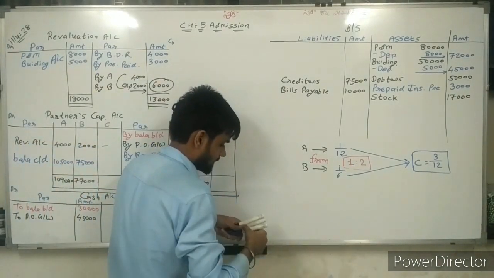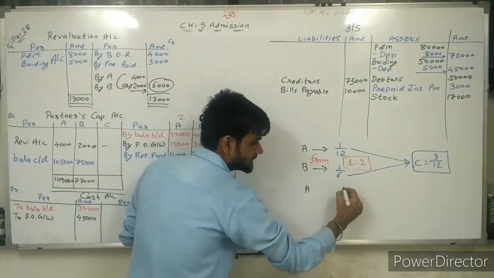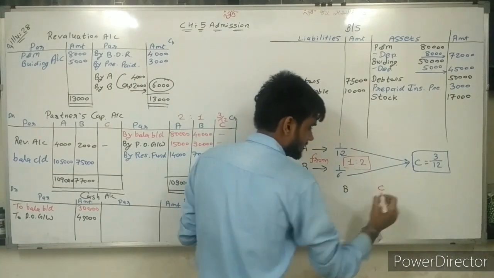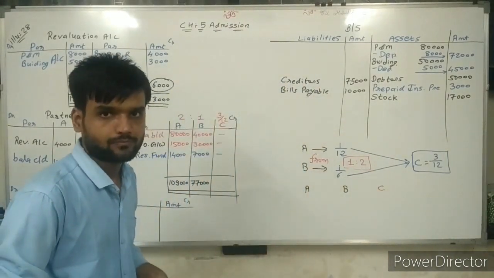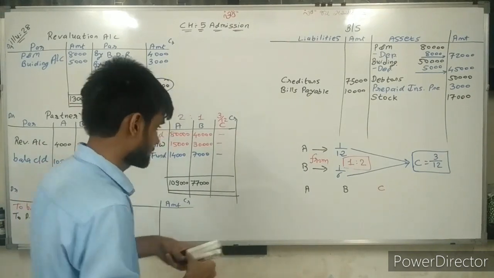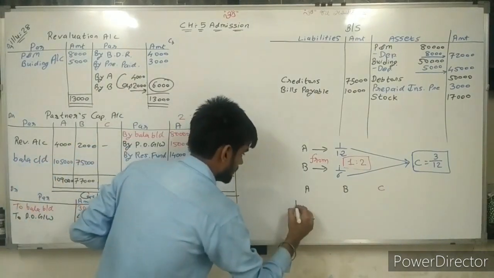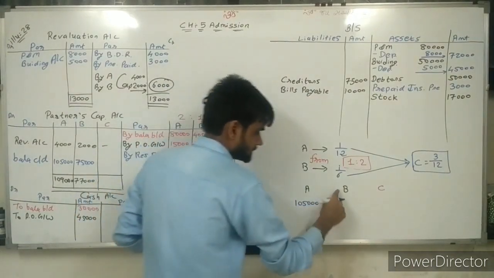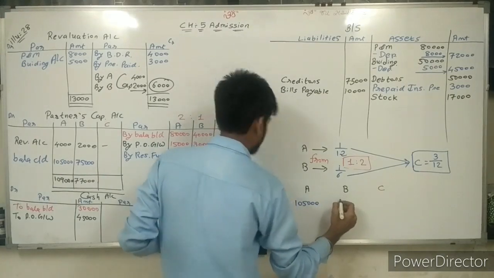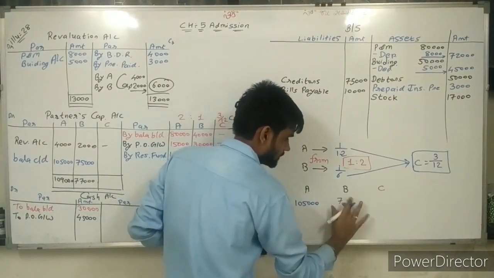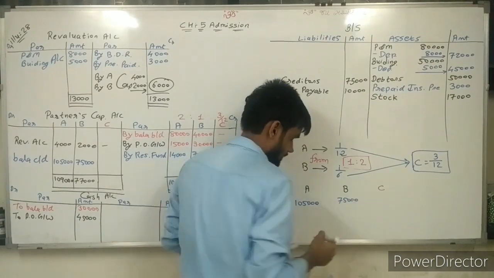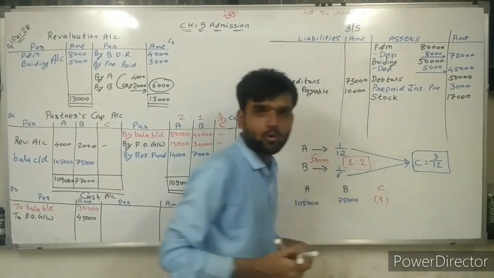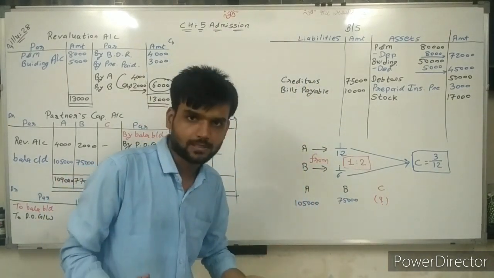I am writing here partner A's closing balance, partner B's closing balance, and I don't know partner C's amount. Writing the amounts: 105,000 rupees is the closing balance of A, 75,000 rupees closing balance of B. Don't know the amount of C.